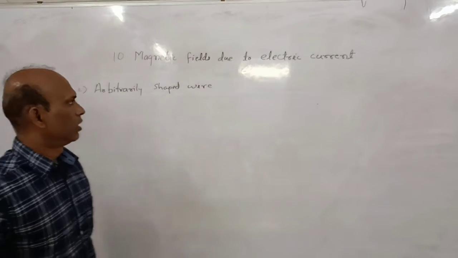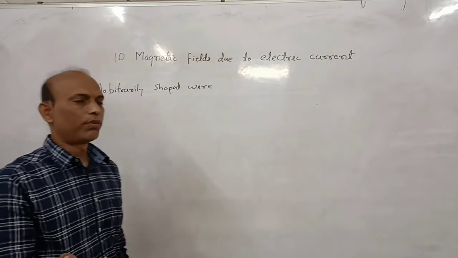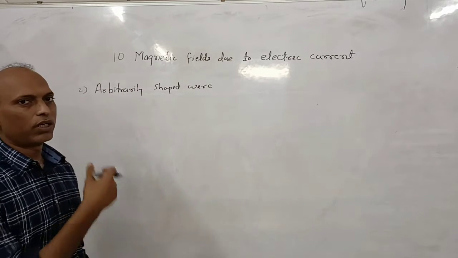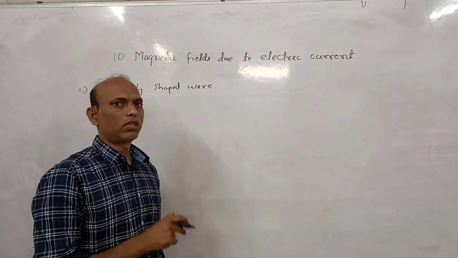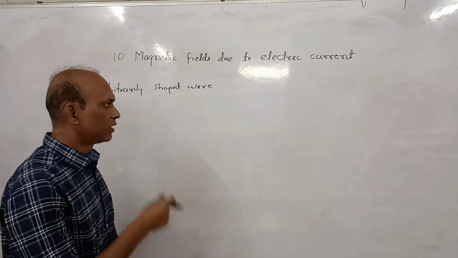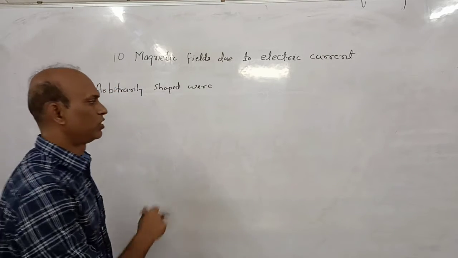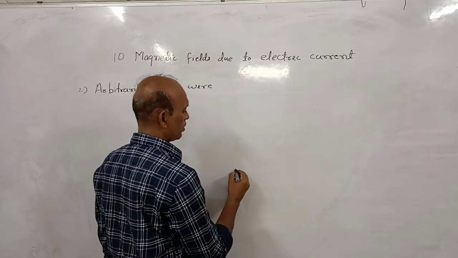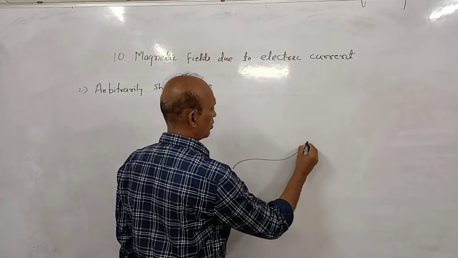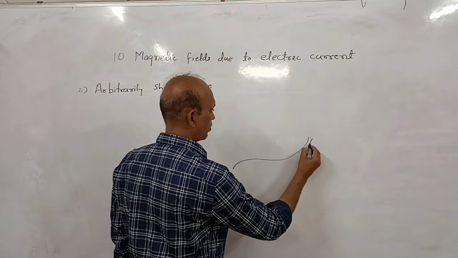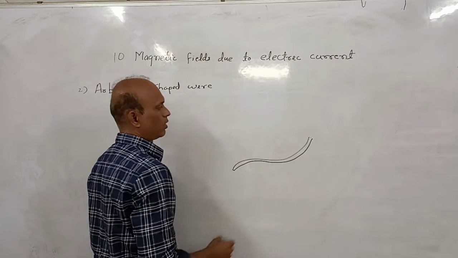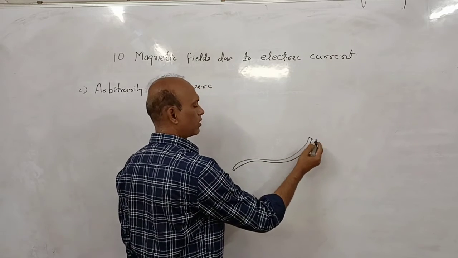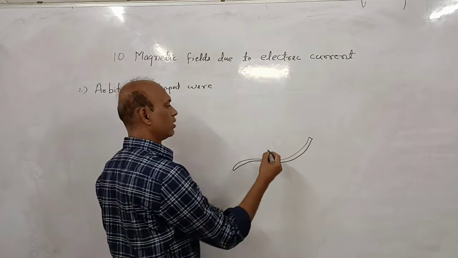Now, the force acting on an arbitrarily shaped wire. In the previous part, we studied the force acting on a straight current carrying conductor. Now, consider a wire whose shape is arbitrary. Consider this is the current carrying conductor whose shape is arbitrary.